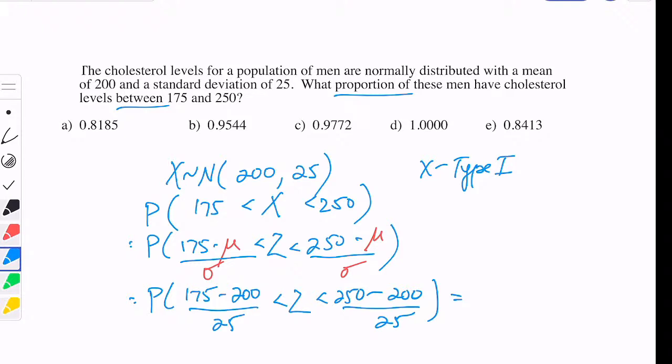That's wrong. It's minus 1 and 2. Minus 1 and 2. Okay, so now it's going to be minus 1 for z, and 2.